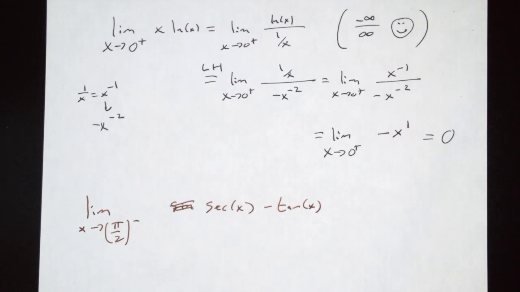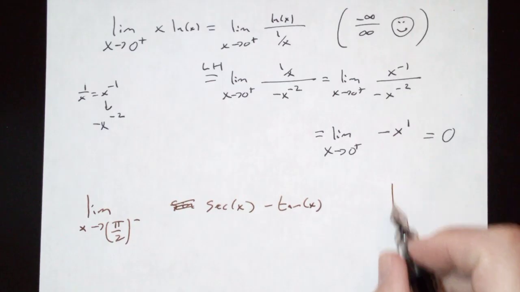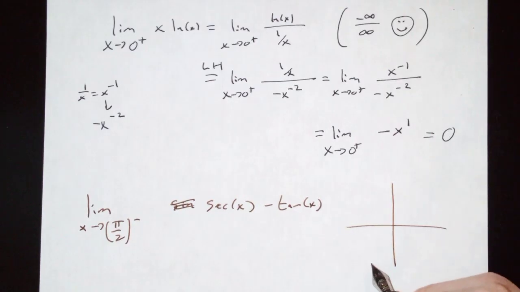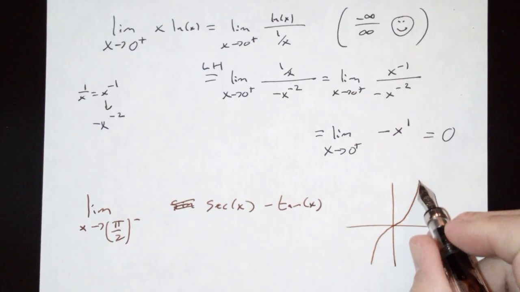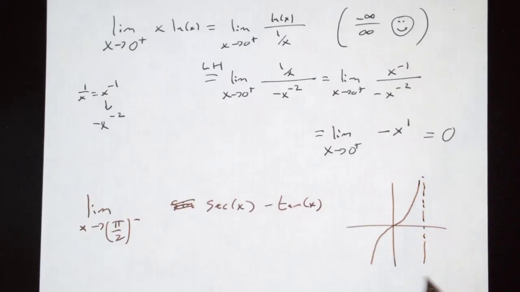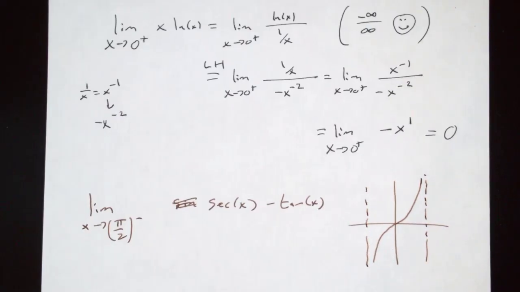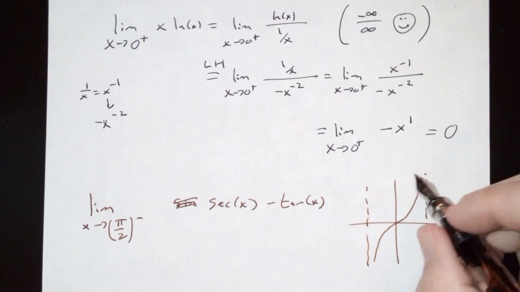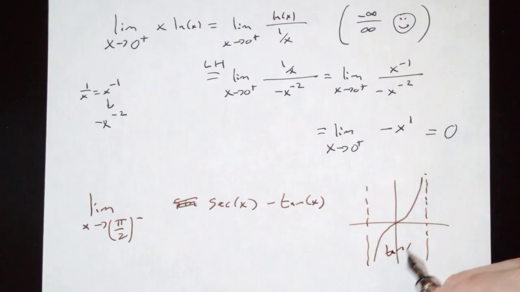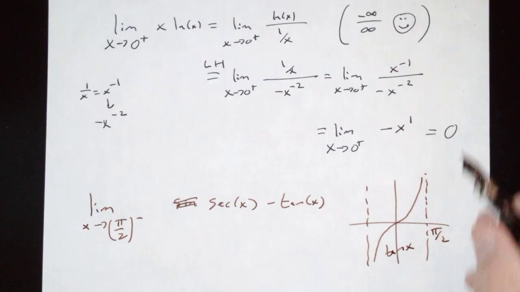Wait a minute. Tangent of x has asymptotes. And that asymptote is at pi over 2. That means this part is going to infinity.